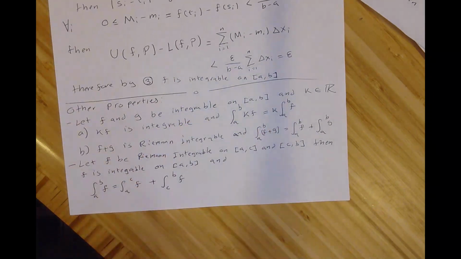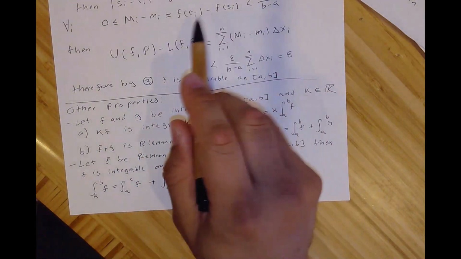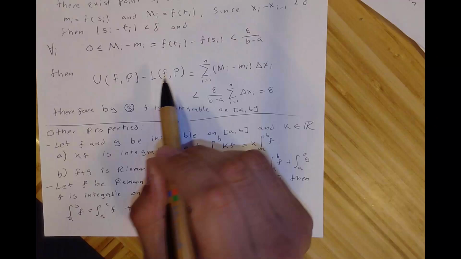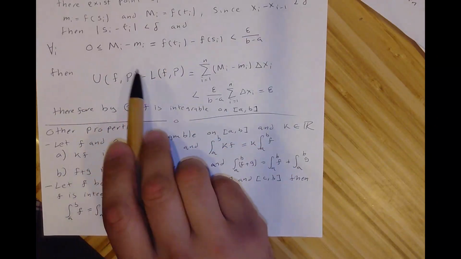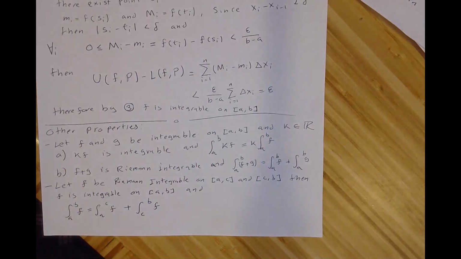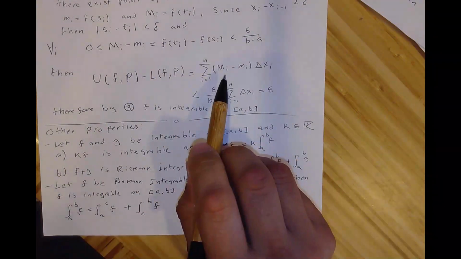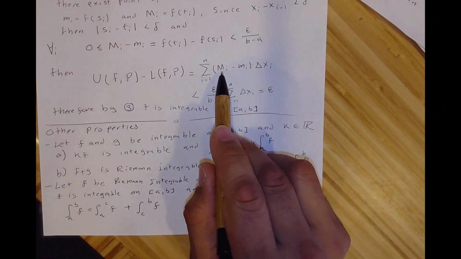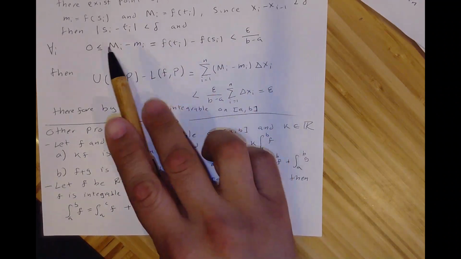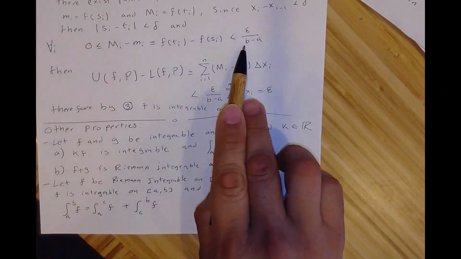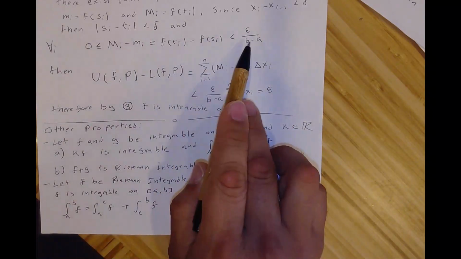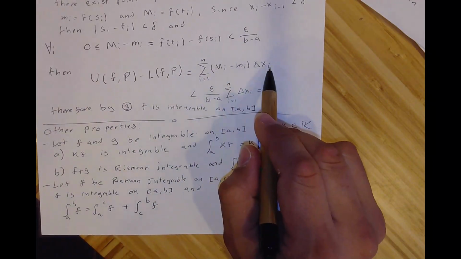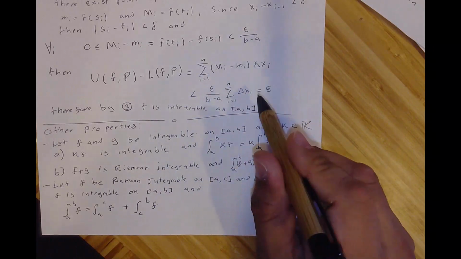Then we can put this in terms of the upper and lower sums, and we will have this difference. Of course, this is the summation of M multiplied by the distance, and because we are talking about all the M's, this distance is delta xi.